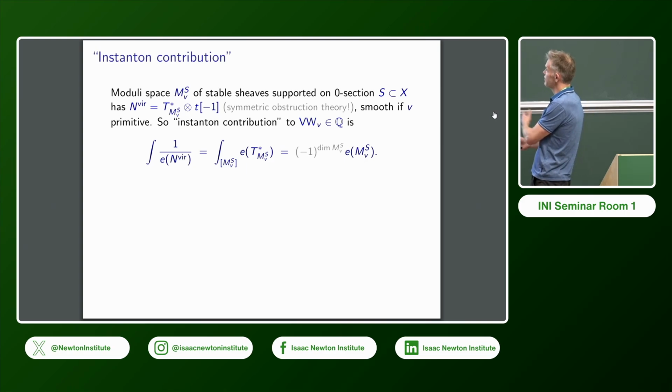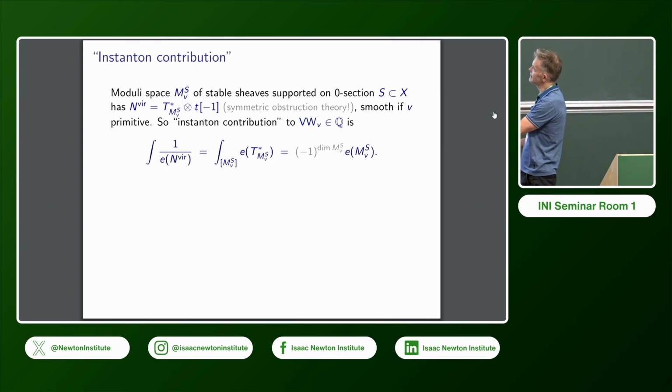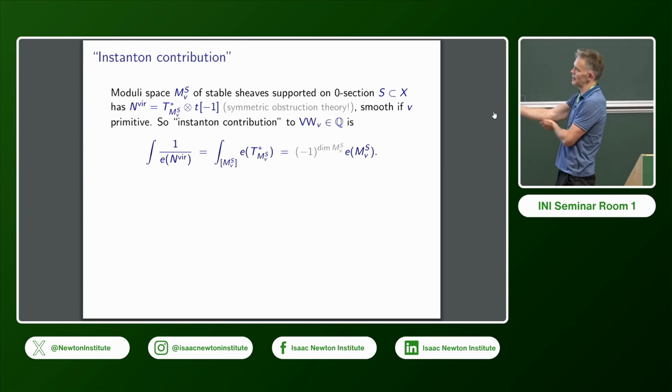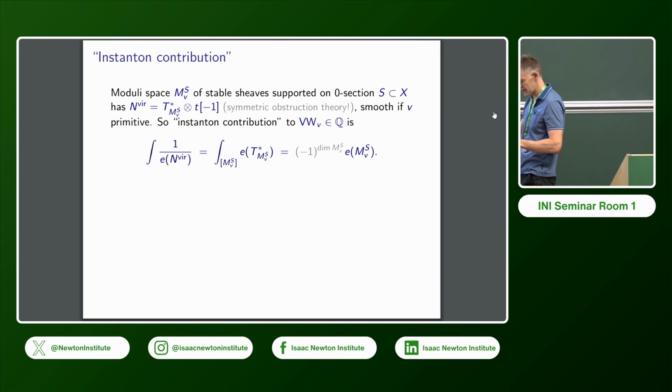I want to just give you a feeling for this thing. So the special case where your sheaves are just supported on S, and there are no semi-stable sheaves, so maybe your Mukai vector is primitive. In that case, it's very easy to compute these invariants. All right, so what you find is that the moduli space is smooth.